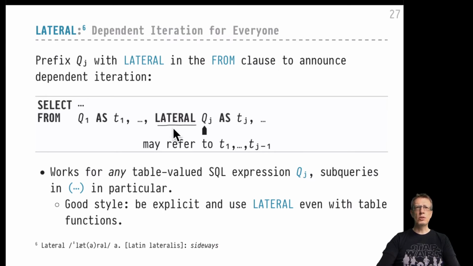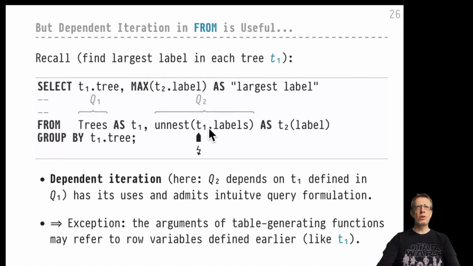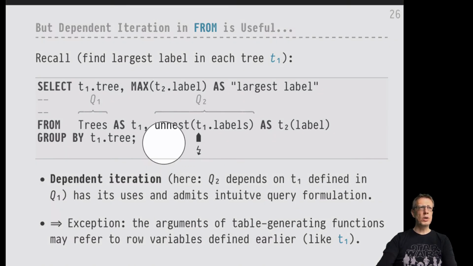It should be considered good style to also use the lateral keyword in situations where we are using set returning functions. Let's switch back one slide. I just told you that this reference to T1 here should be an error, but it isn't because of the exception that we are using set generating functions here. I think it should be considered good style to also use the lateral keyword in this situation, and you can actually do that.